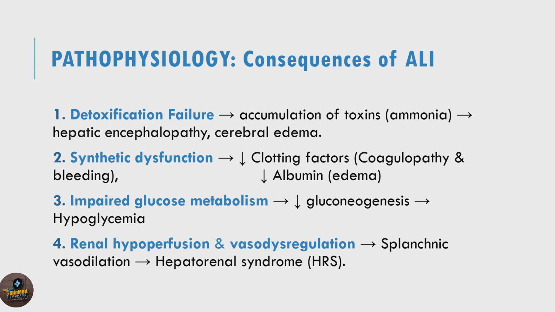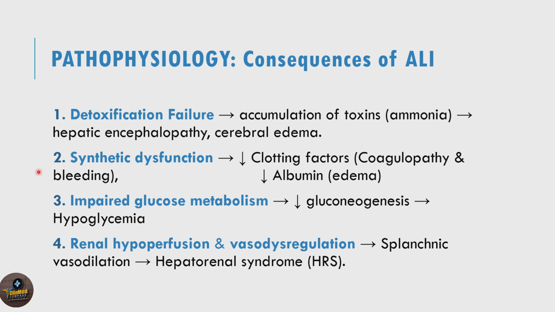So what are the major consequences of an acute liver injury? The first is the failure of detoxification, which leads to accumulation of toxins, especially ammonia, leading to hepatic encephalopathy and cerebral edema.